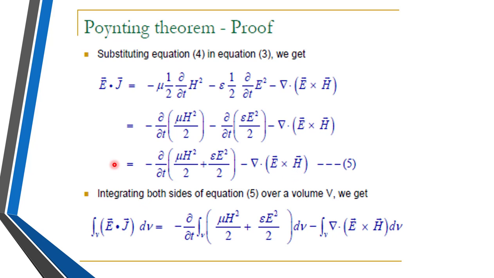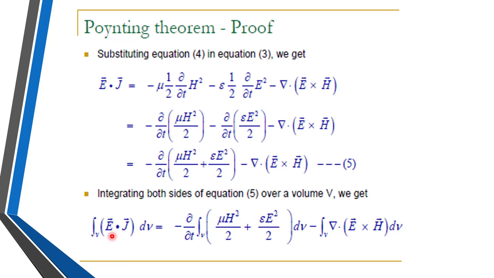Okay, so we'll integrate both sides because there is a derivative. To remove this derivative, we have to integrate. So integrating both sides of equation number 5 over volume V, we get the volume integration of the above equation. So let us start.